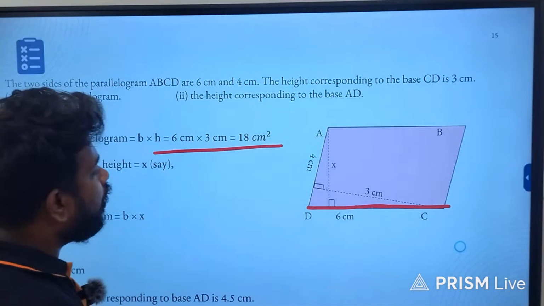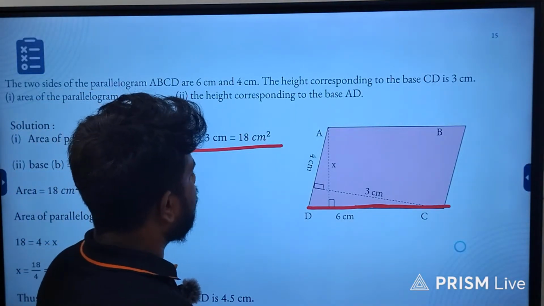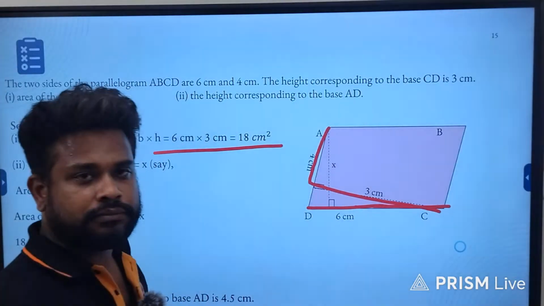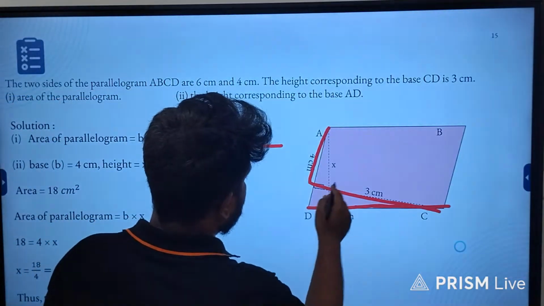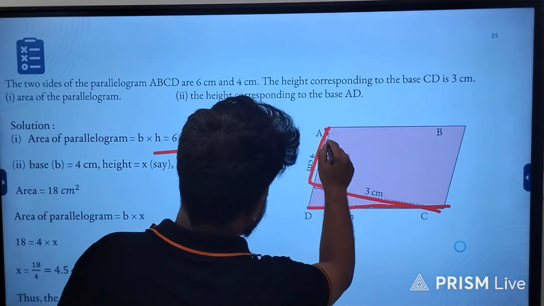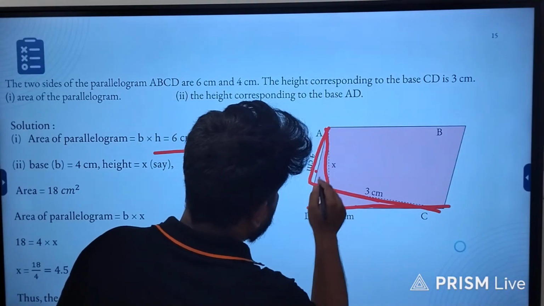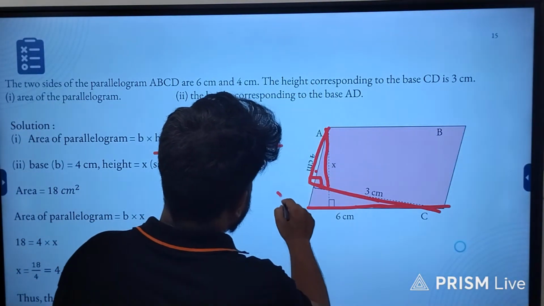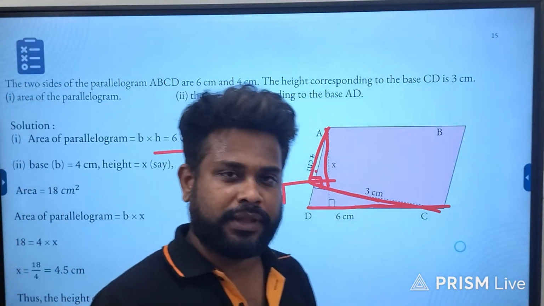And how did we get the 3 here? We got 3 just by calculating this area, and we calculated it by taking the 4 and using the Pythagoras theorem, height square plus base square method.